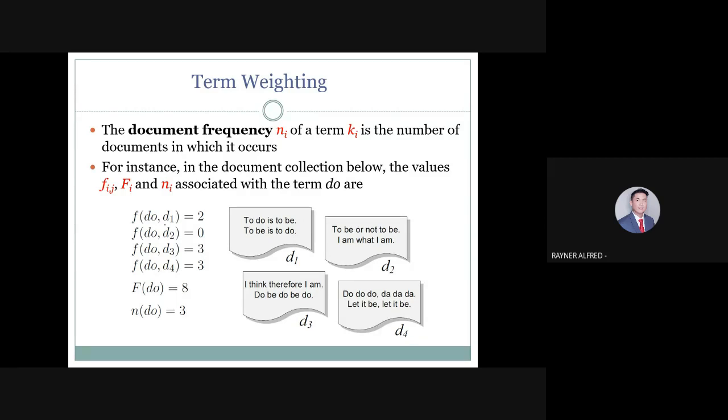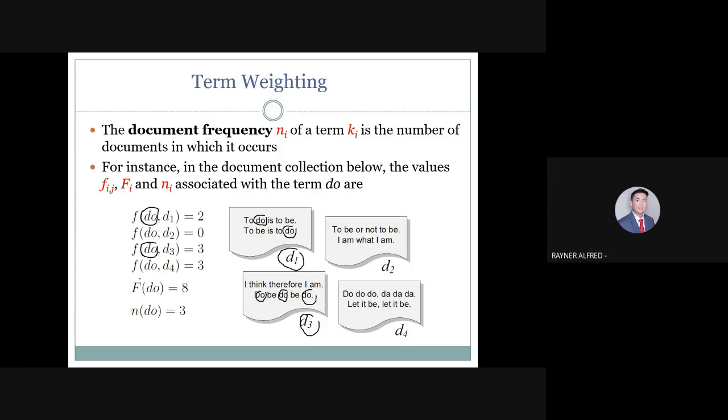So for example, the frequency for do in document 1 will be, document 1 is here. So how many times? 1 and 2. And the frequency of do in document 3 is here, and we have 1, 2, 3.